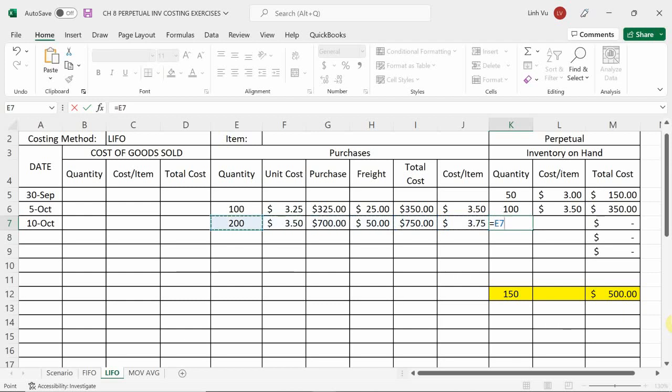So let's add this batch into our inventory on hand. Now I have a grand total of 350 units to sell at a grand total cost of $1,250.